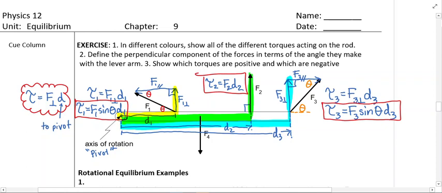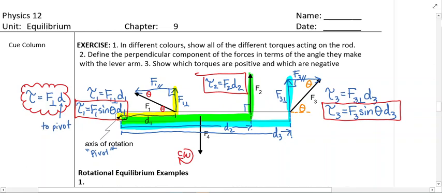We'll leave, you know what, F4 is actually kind of interesting as well, because what direction is F4 going to make this beam want to spin? It's going to want to spin the beam this way, and that is a clockwise spin.